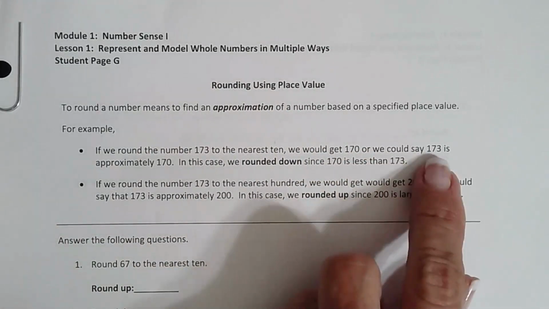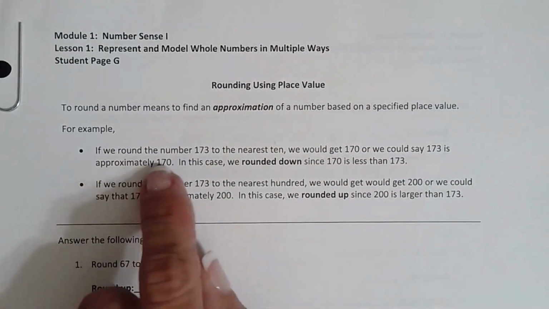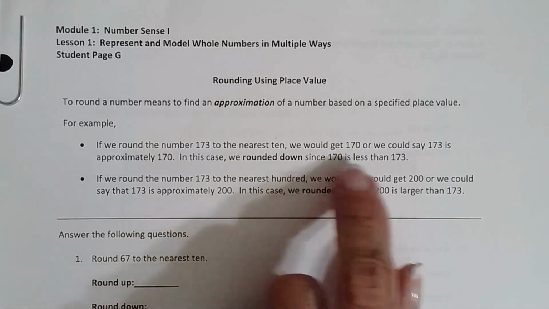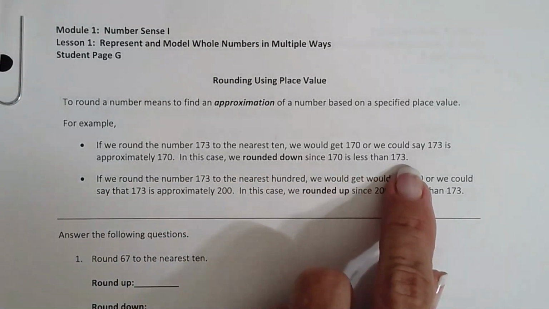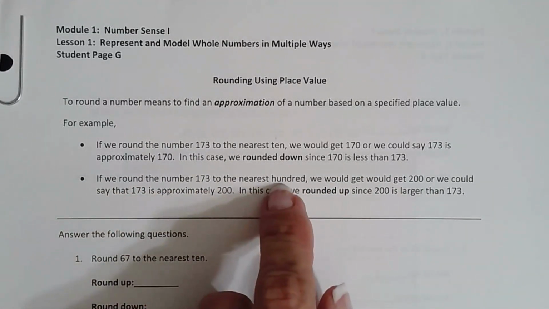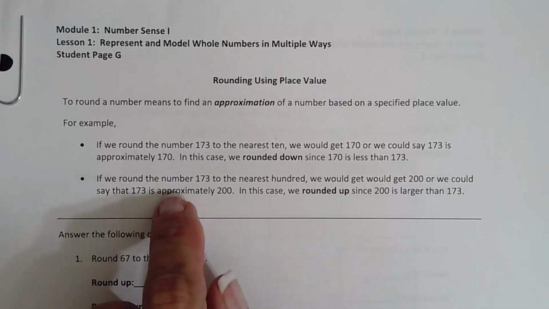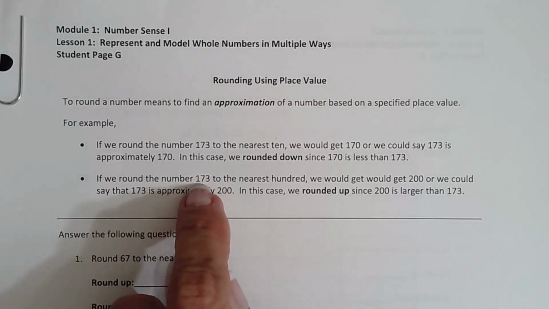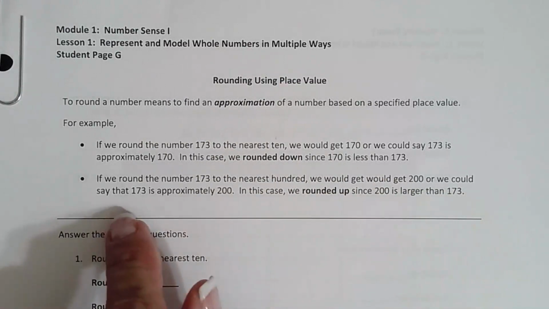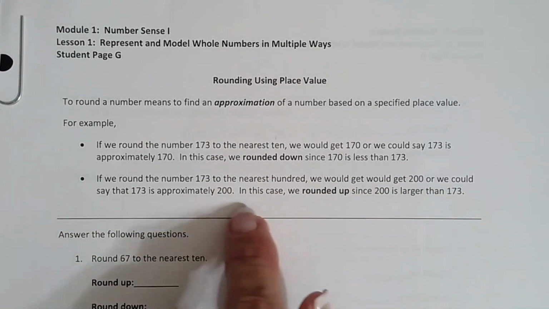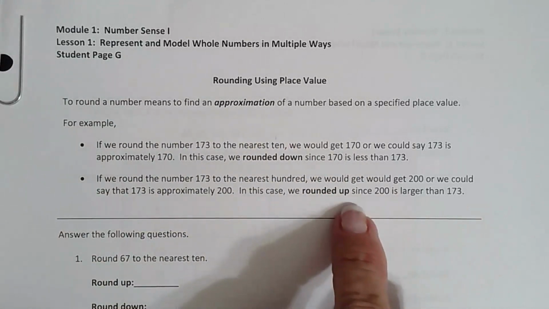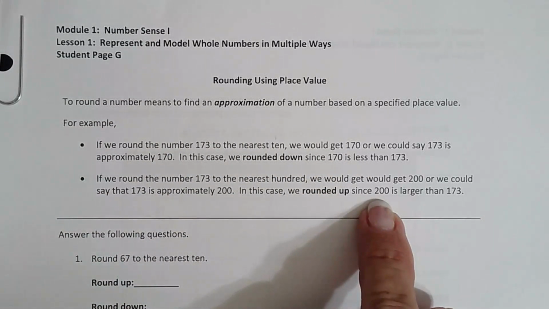Or we would say 173 is approximately 170. In this case, we rounded down since 170 is less than 173. If we round the number 173 to the nearest 100, we would say it's in between 100 and 200. And in this case, because it's over 150, it's over the halfway point, then it would round to 200.